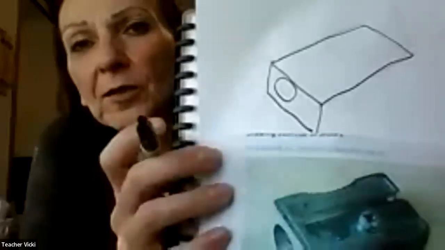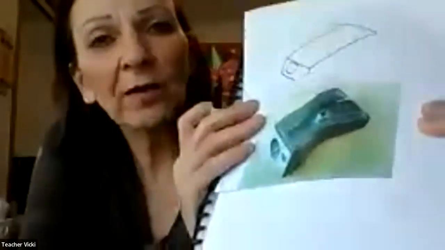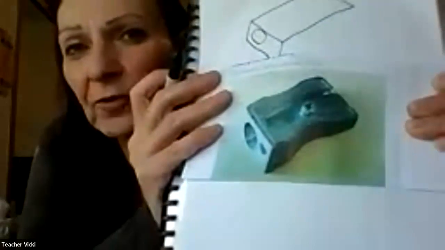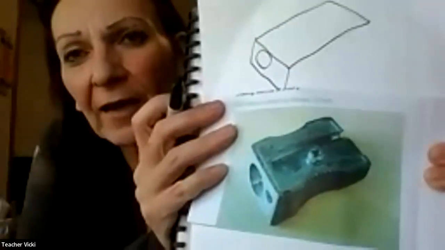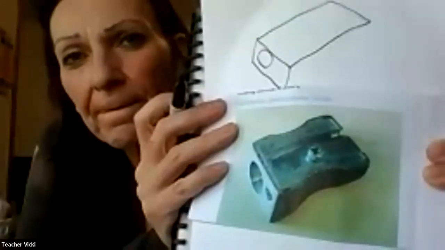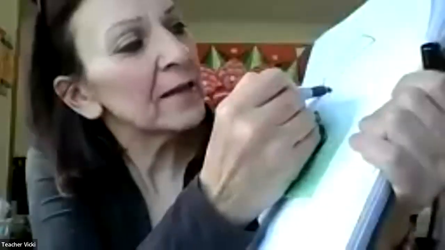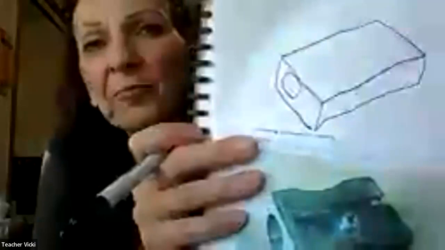So I'm going to create a circle in there. And guess what? There's another rectangle. Can you see the next rectangle? So the other rectangle is this and this. And that's how I have a sharpener, but there are more details.